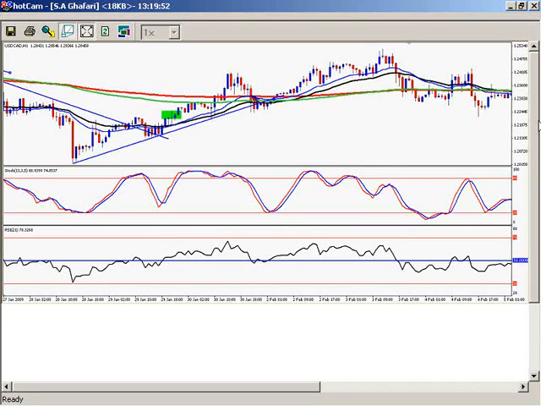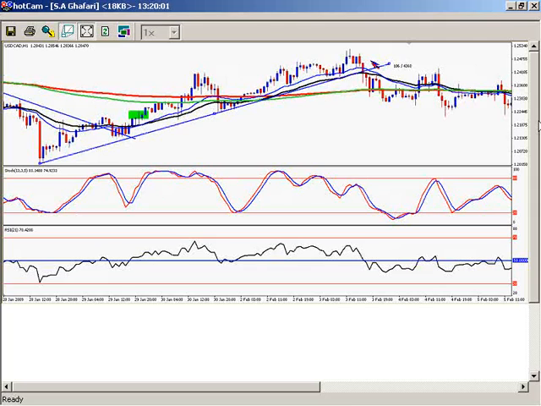Then, as you can see, we have the price making corrections here because we have recent lows here. And we also have an uptrend, a major uptrend. And this major uptrend tells us that you're not allowed, you don't have to go short, because the major trend line is an uptrend, and the dominant trend is an uptrend.